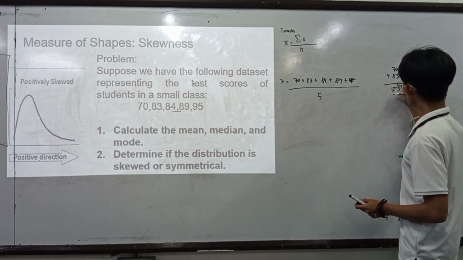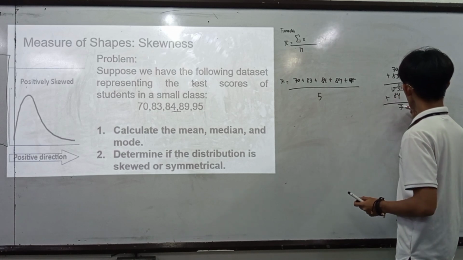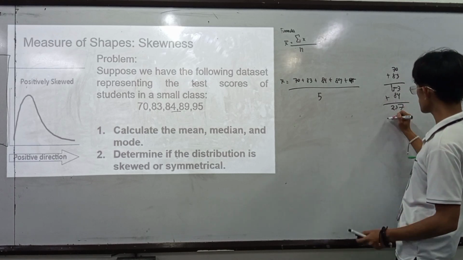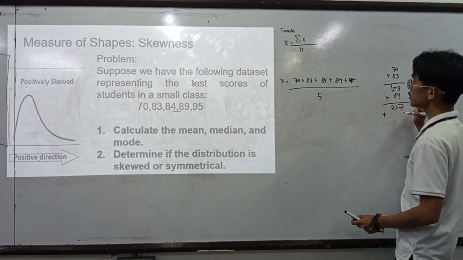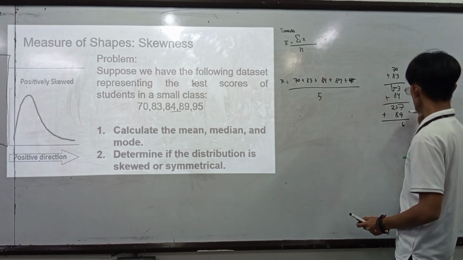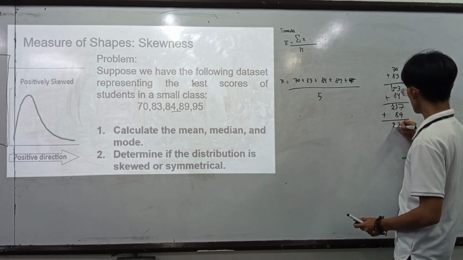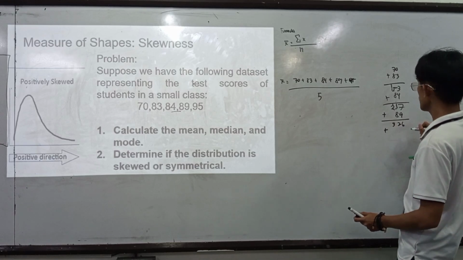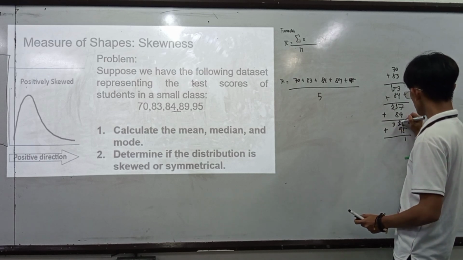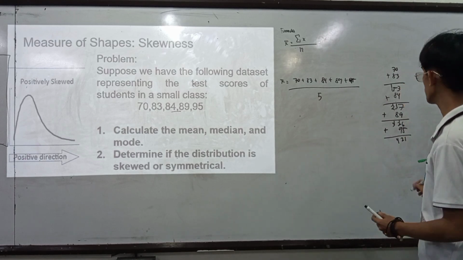so we got 153 plus 84, we got 237, added to 89, we got 326, plus lastly 95, and we got 421.